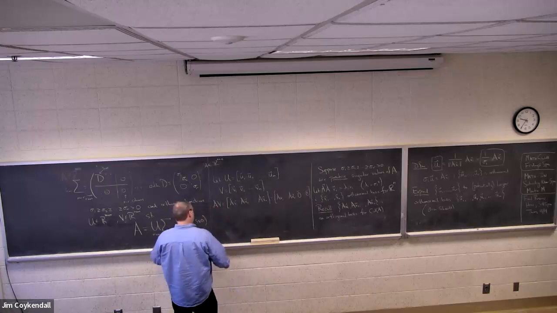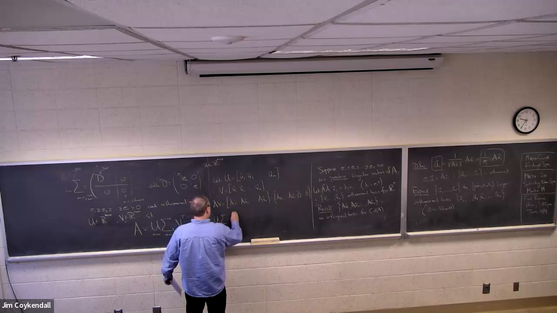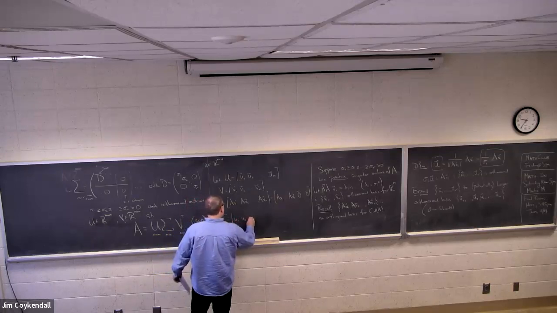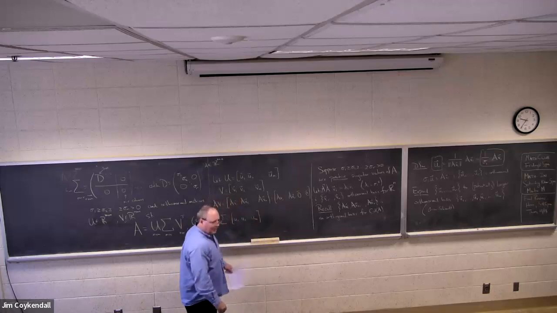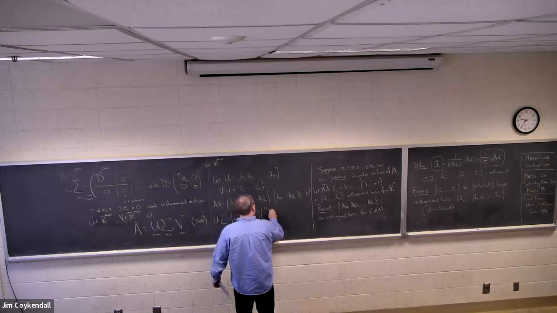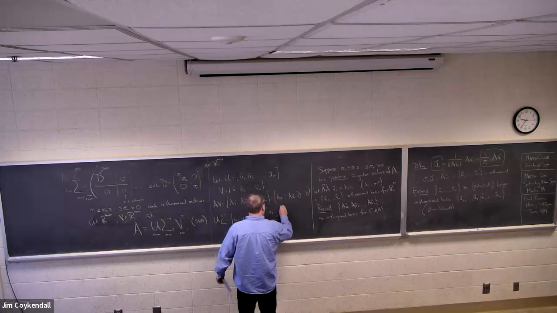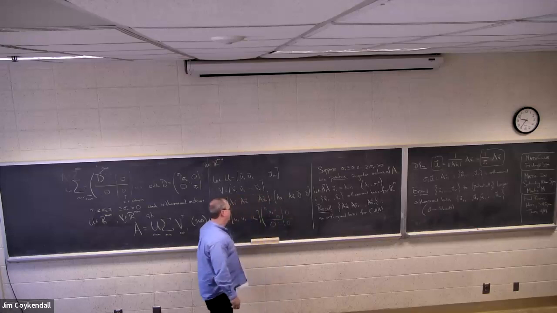On the other hand, let's look at U sigma. So U is U1, U2, ..., UM, and sigma I'm going to try to write down. This is sigma 1, sigma 2, ..., sigma R, zeros, 0, 0, and zeros off the diagonal.